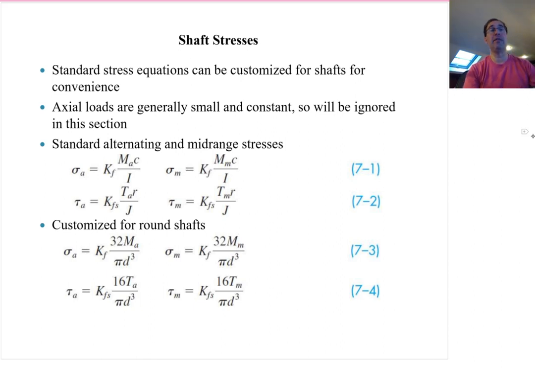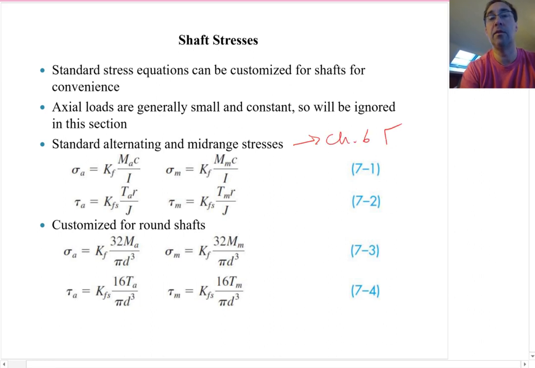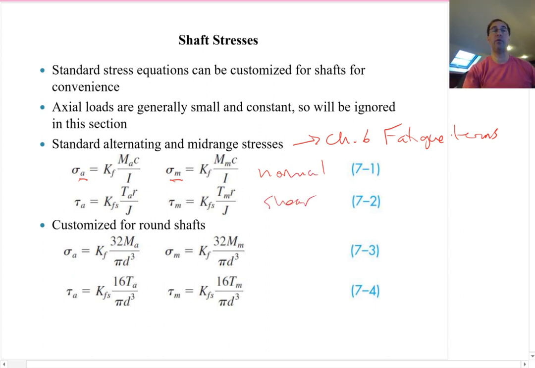So we're looking at alternating and mid-range stresses. These are definitions from fatigue, chapter 6, fatigue terms, mid-range and alternating. So this is alternating, this is mid-range, this is normal stress, this is shear stress. Obviously, we're talking about doing a fatigue analysis.